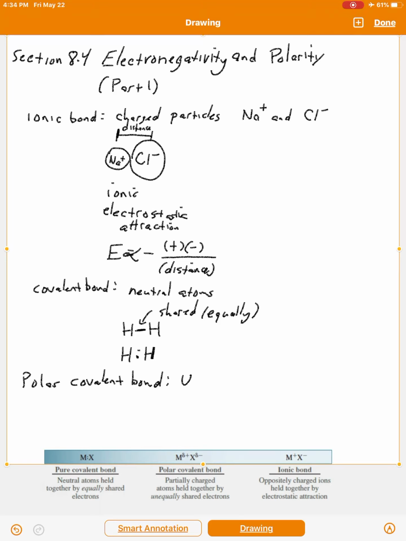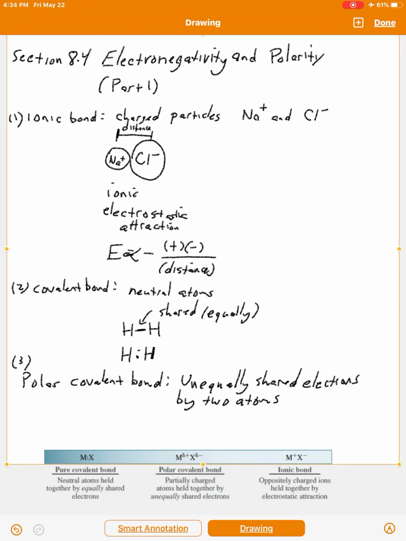So these are unequally shared electrons by two atoms. Could be by more than two, but at least by two. Okay? So what we have then are really three different possibilities.